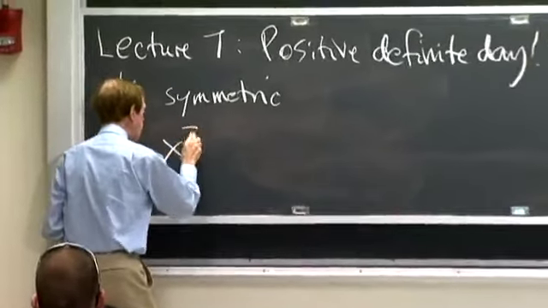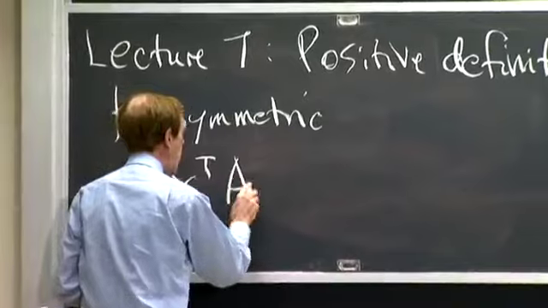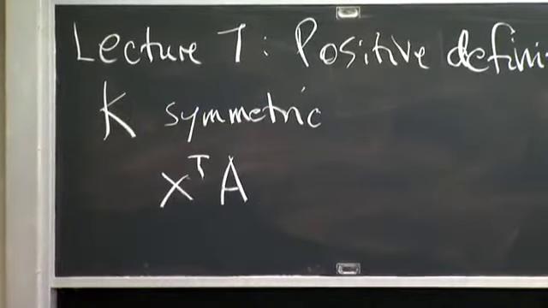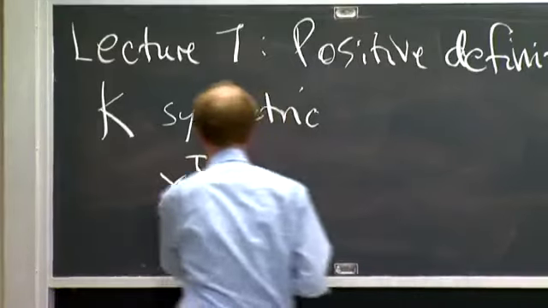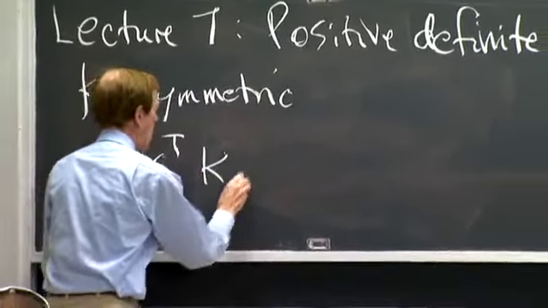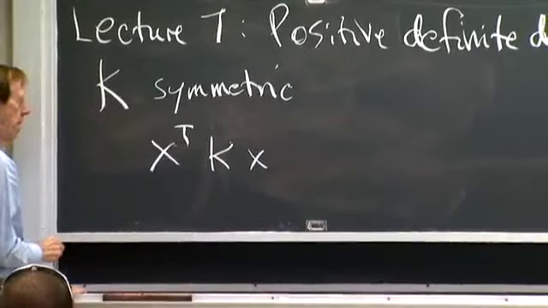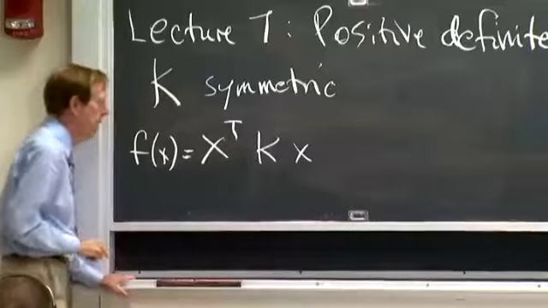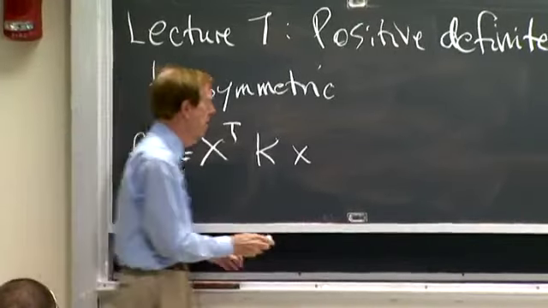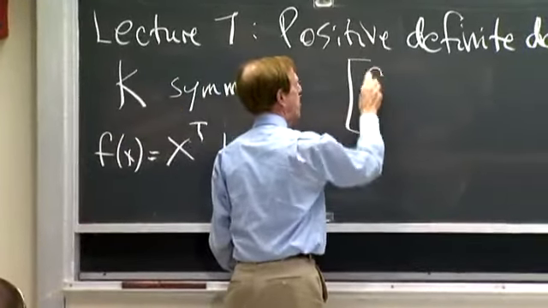It's x transpose times A, oh, K, not A. I'm sticking with K for my matrix, times x. I think of that as some f of x. Okay. And let's just see what it would be if the matrix was 2 by 2.